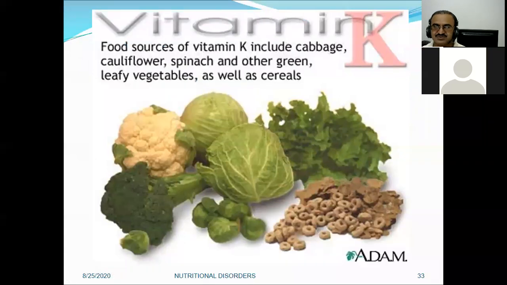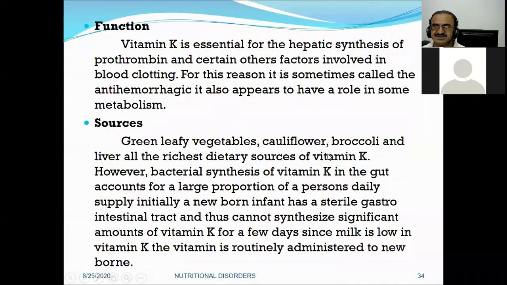So these are some sources of vitamin K: cabbages, cauliflowers, spinach, other green leafy vegetables, as well as some cereals. These are rich sources of vitamin K. Functions, you are well aware.